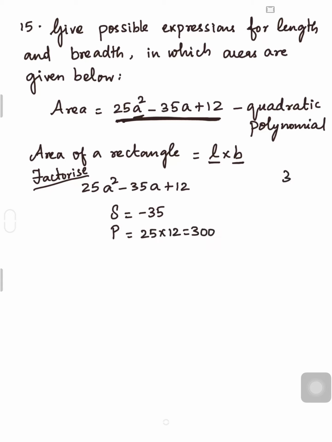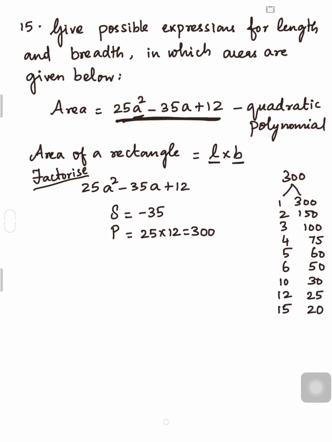So write the factors of 300: 1 and 300, 2 and 150, 3 and 100, 4 and 75, 5 and 60, 6 and 50, 10 and 30, 12 and 25, 15 and 20.